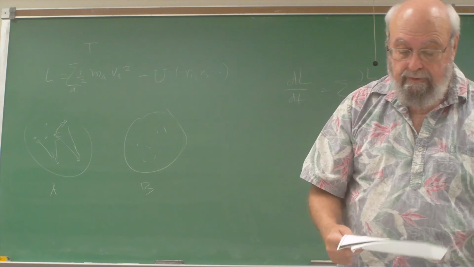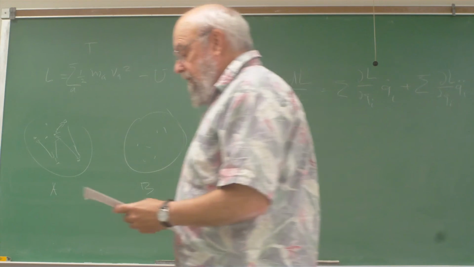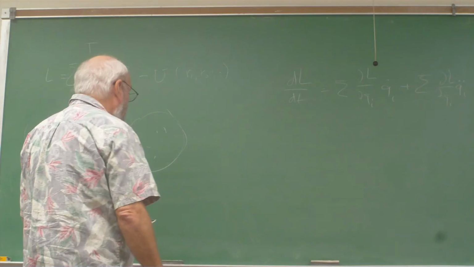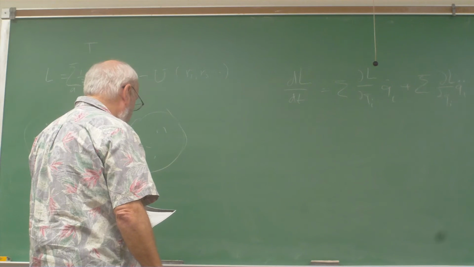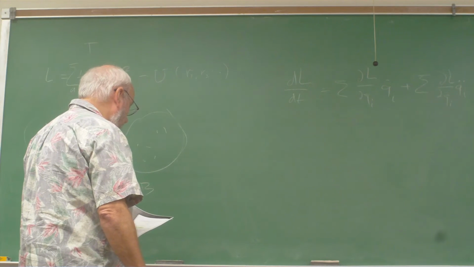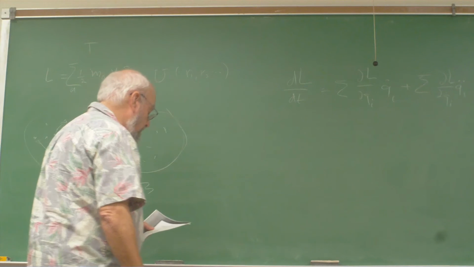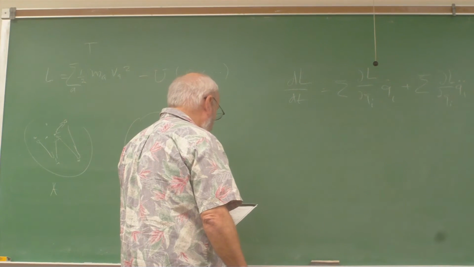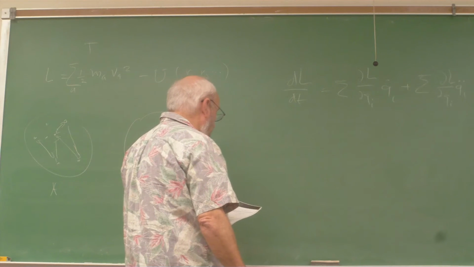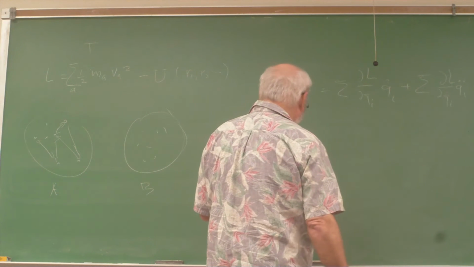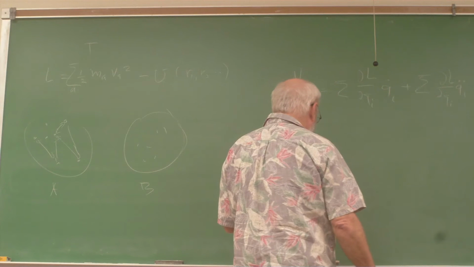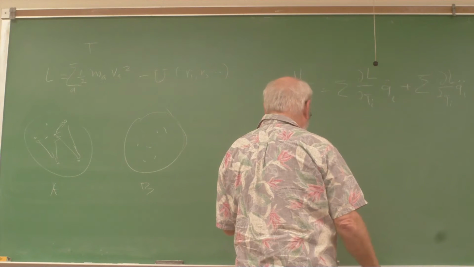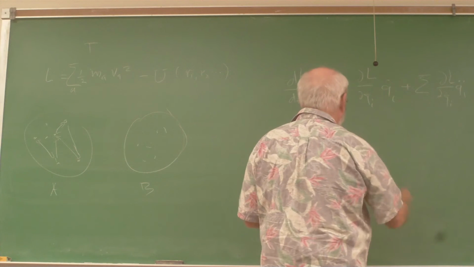So if L had an explicit time dependence, then we would have a term in dL/dt to be added on. But since there's not, we can replace ∂L/∂q in accordance with Lagrange's equations.